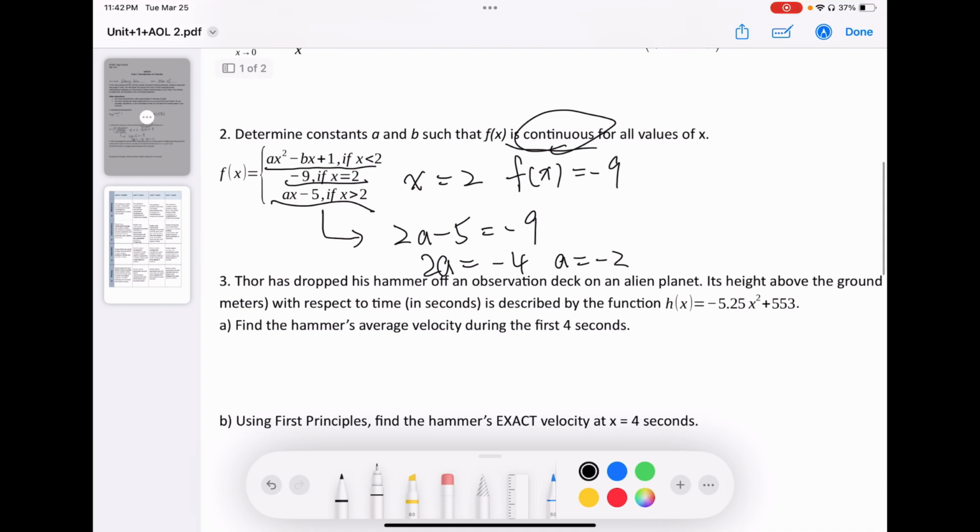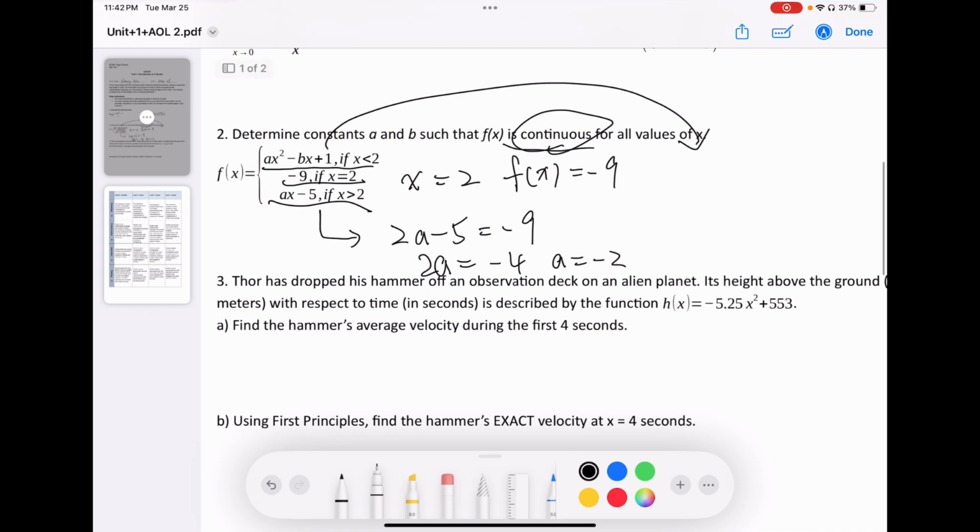And now we can solve for b. Just plug it into the first equation. It'll be -2, because that's a, times 2 squared minus bx plus 1 equals 2 minus 9.